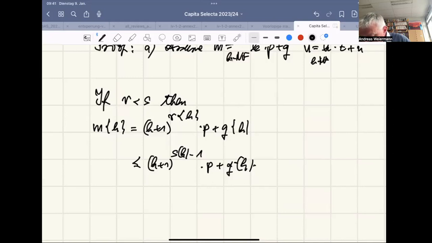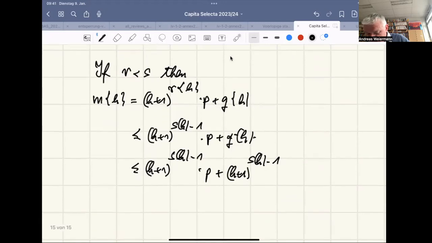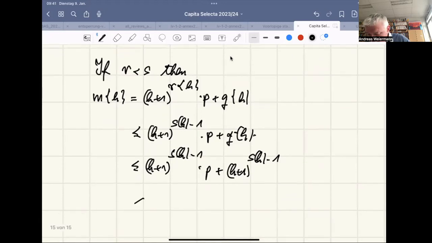So this is less than equal to k plus 1 to the s of k minus 1 times p plus k plus 1 to the s of k minus 1. Now here's times p. P is smaller than k, so in total this is bounded strictly by k plus 1 to the s of k.